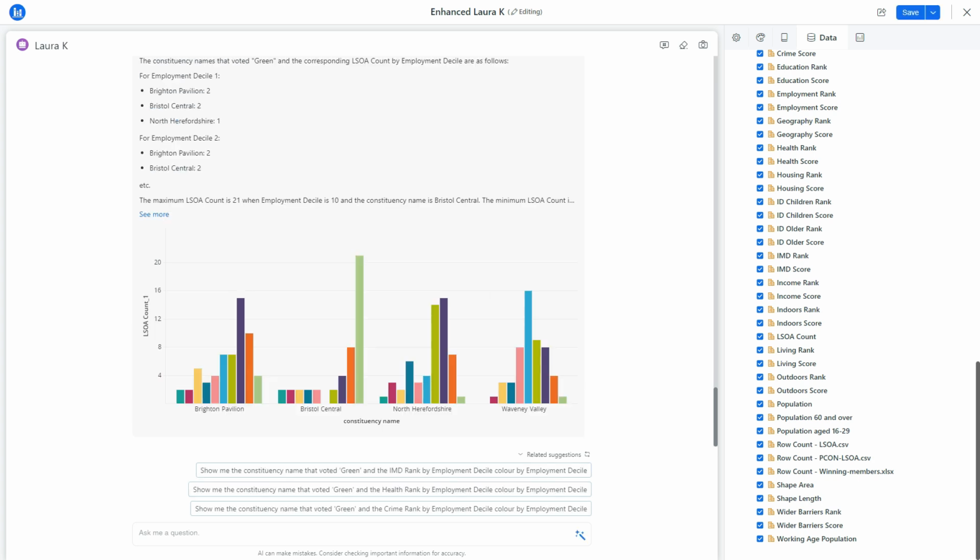And there we are. Again, a high number of LSOAs in the higher deciles, so we don't really have a concentration in the lower ones.